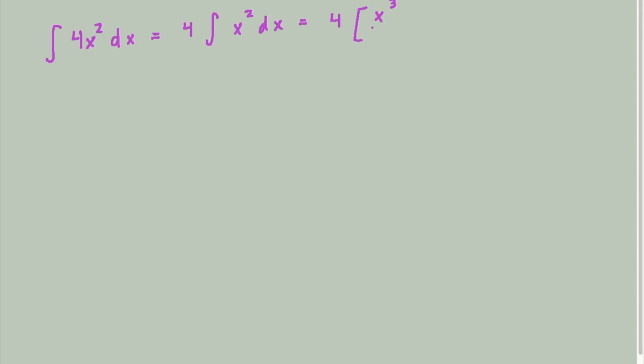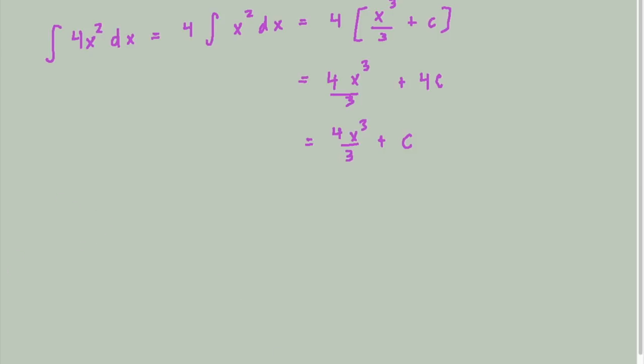We have x to the third power over 3 plus c. And then we'll just multiply our 4 back through. So we have 4x cubed over 3 plus 4c. But once again, 4 times a constant, since we don't know what it is, it's just a constant. So we just write 4x cubed over 3 plus c is our final answer.